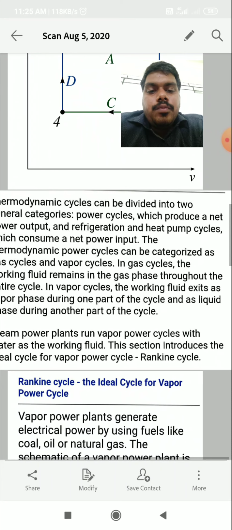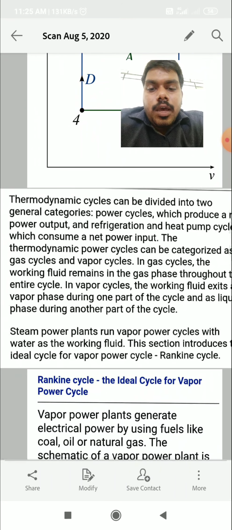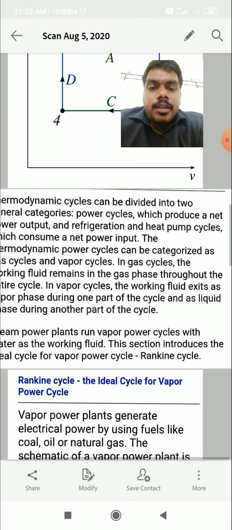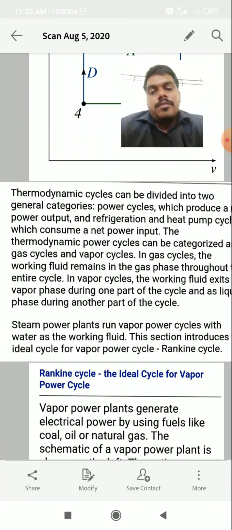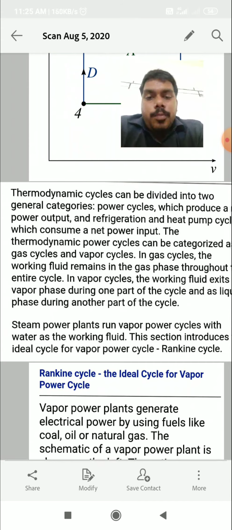In a vapor cycle, the working fluid exists as vapor during one part of the cycle and as a liquid during another part of the cycle. Okay, a steam power plant runs on a vapor cycle with water as the working fluid.